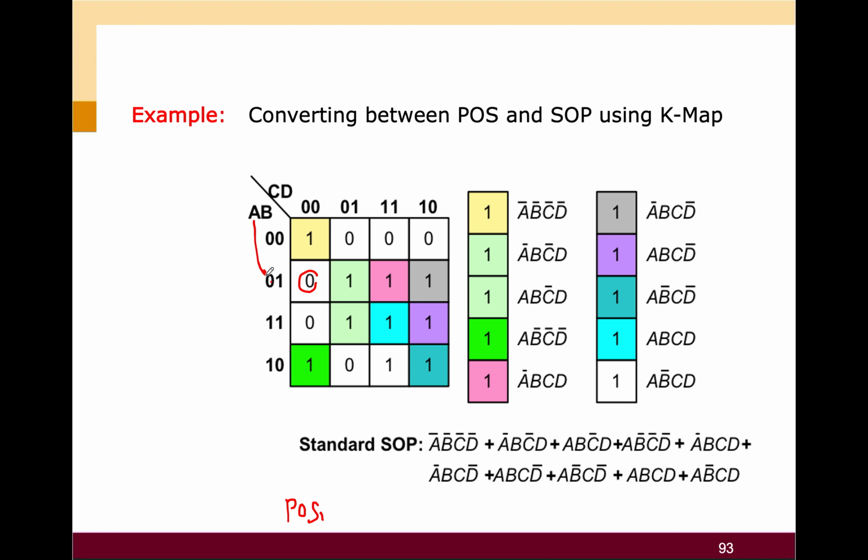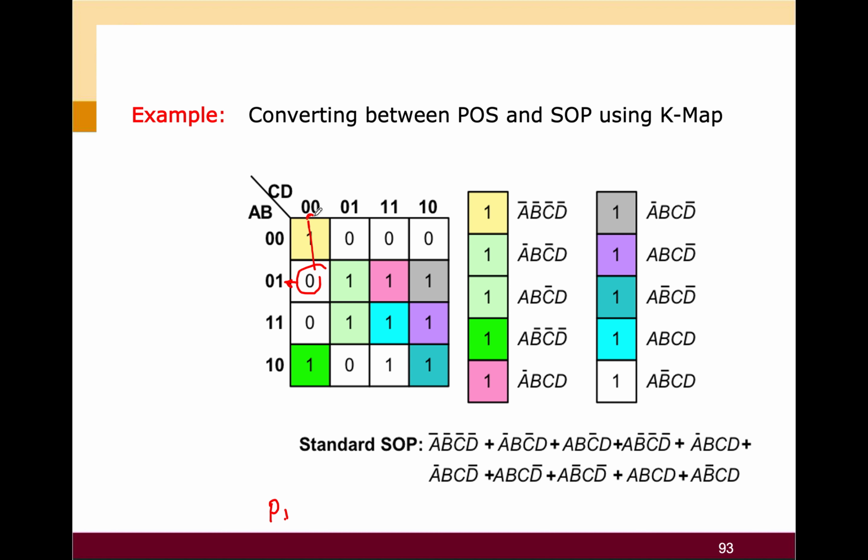For POS, 0 will be A, and then B, and this one is C, 0, D, 0, C, D. See, I forgot again. So please make sure you don't do like me. So this is for POS.